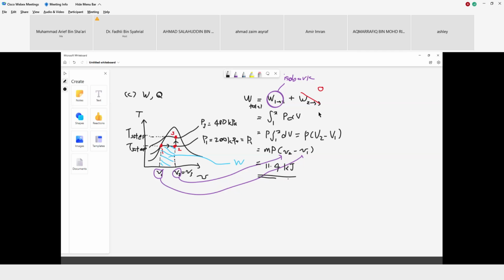The answer for work done. Okay, any question for total work before we move to heat transfer? Persoalan? Kalau tak ada, bagi thumb up sikit supaya saya tahu kamu faham.